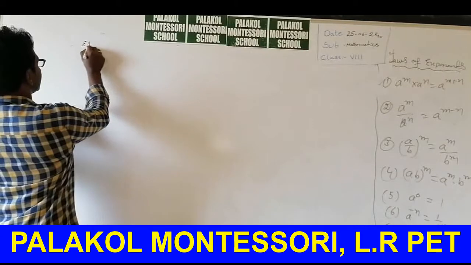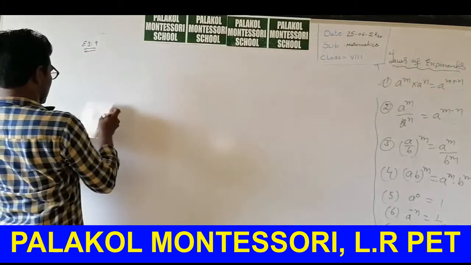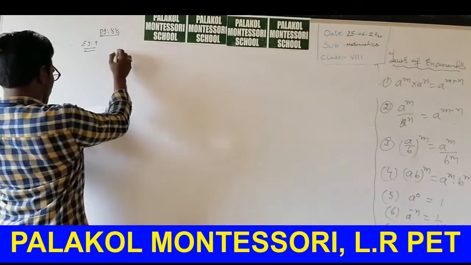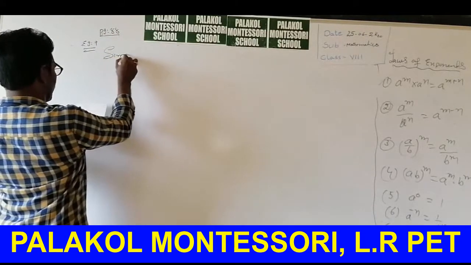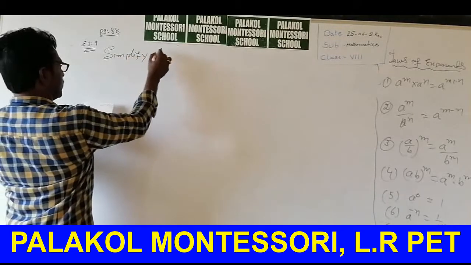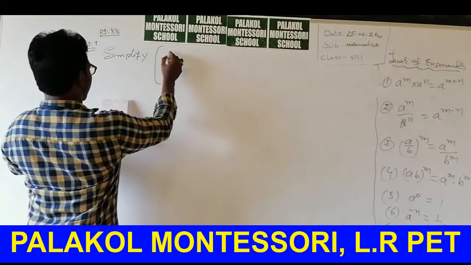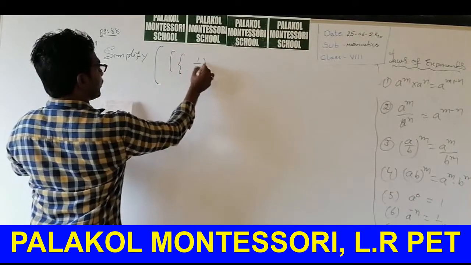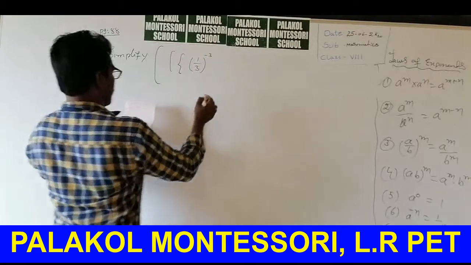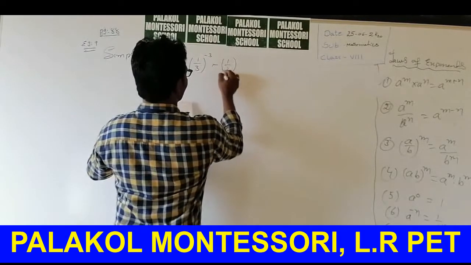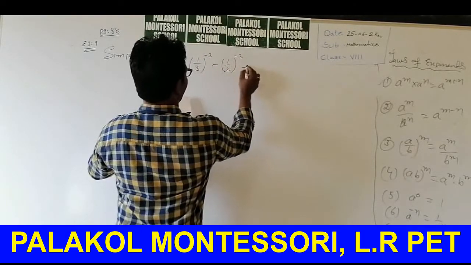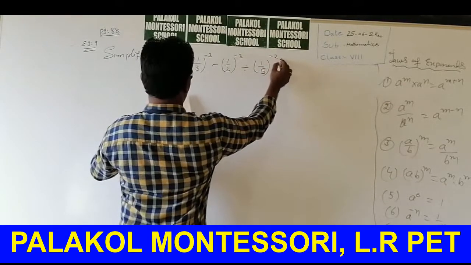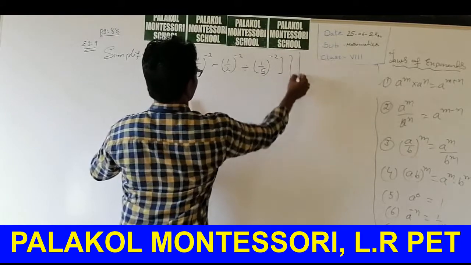Example 9, page number 88. IMP question, simplify: 1/3 whole power of -3 minus 1/2 whole power of -3 divided by 1/5 whole square minus 2. So this is a bracket, this is one, this one.